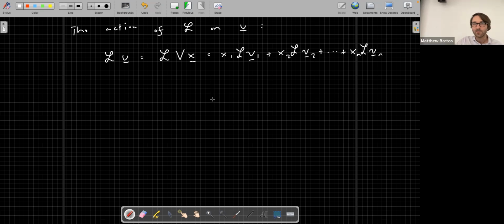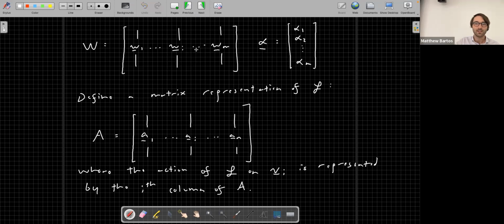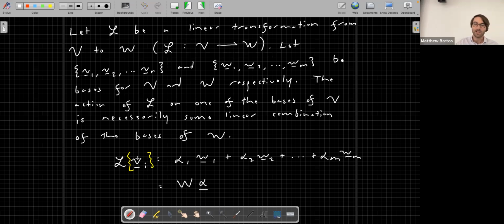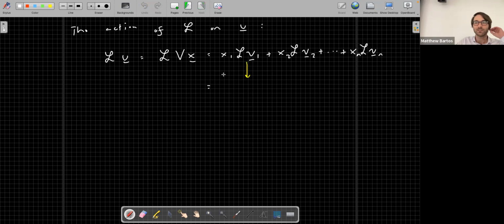Now we can do something using the knowledge that we've gained before. What is L applied to V1? For Vi, this was equal to W times Ai. So in this case, it'll be W times A1.